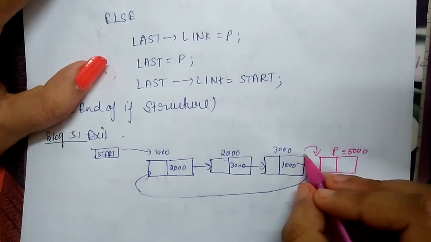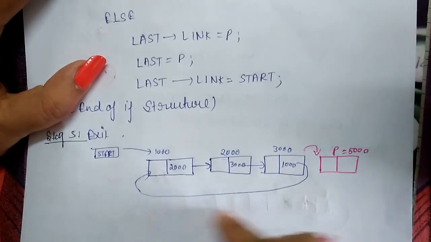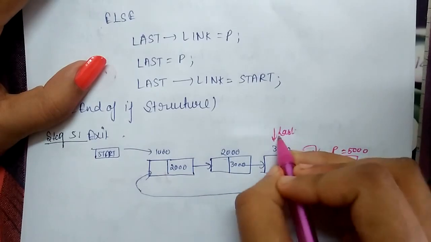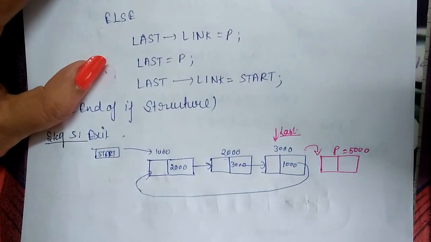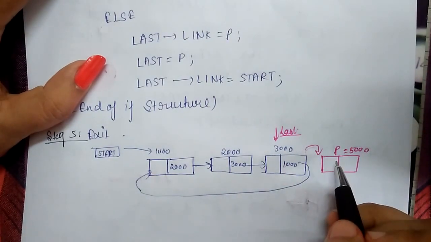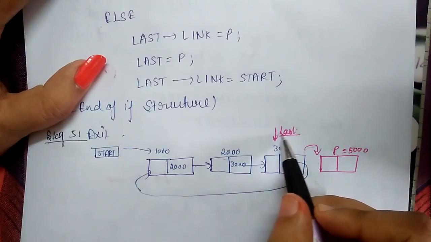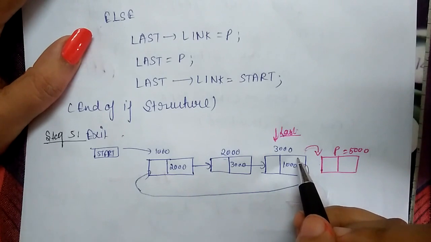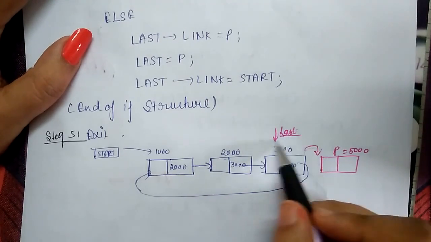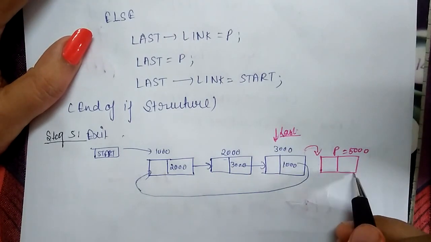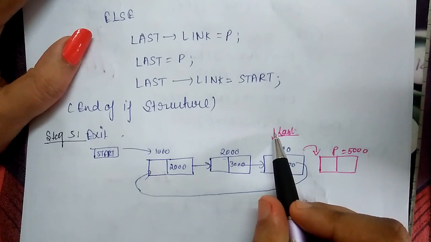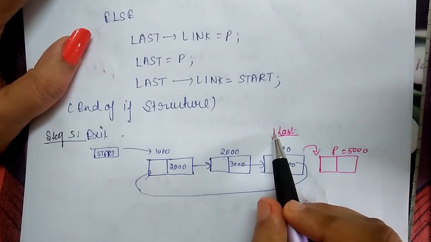Here I want to create this link between these two nodes, with start pointing at the first node and last pointing at the last node. So how can we insert the node P at the end? In a circular linked list there is no need for traversing, because if we want to insert at the last, we have to modify this link, and for that we already have a pointer variable, last.